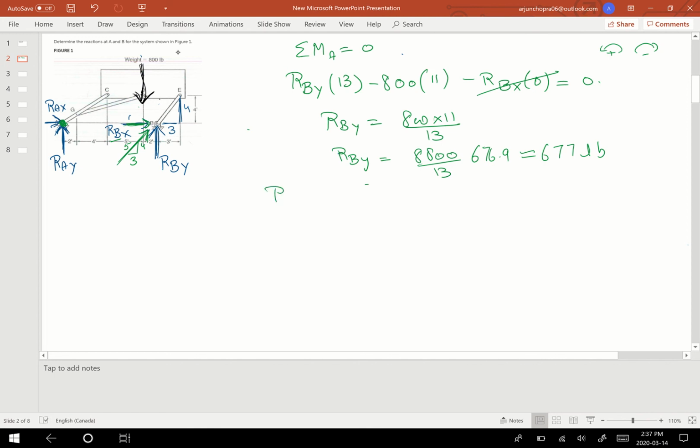So can I find the RB value now? I can say RBY is equal to 4 over 5 RB.